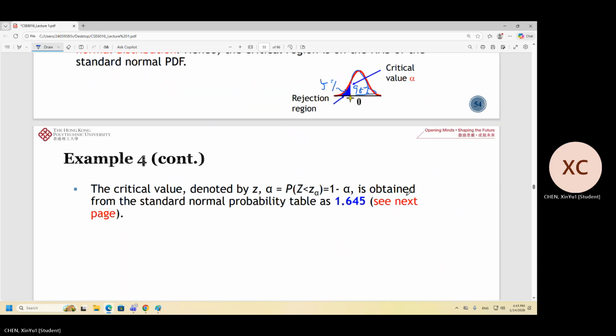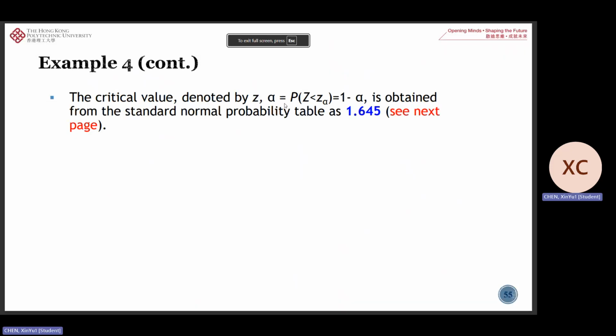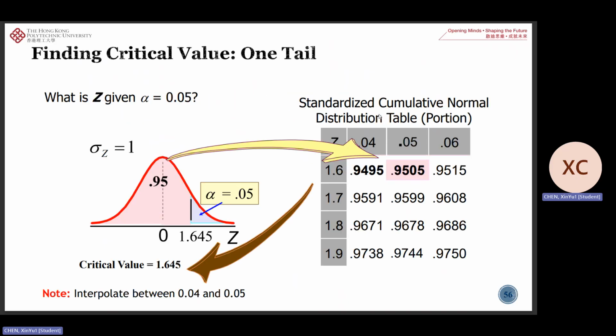Then the critical value, you can find the value for the 95% in the table, which is 1.645. This is because this is a one-tail problem. You may have experience with this, right?